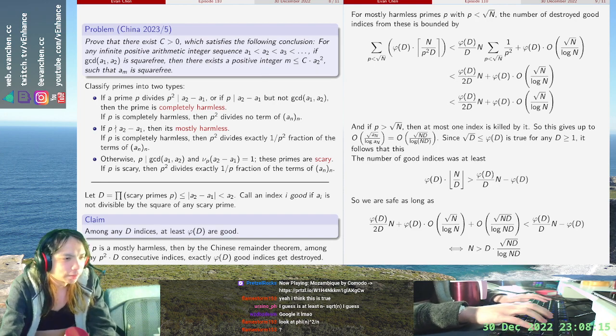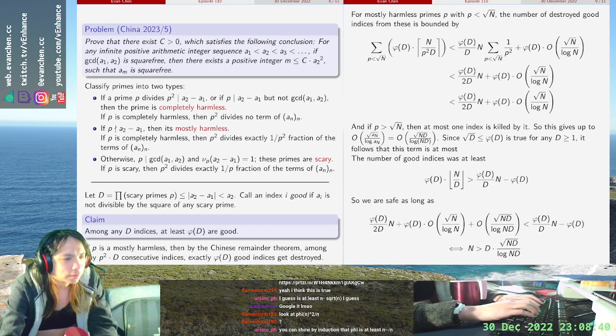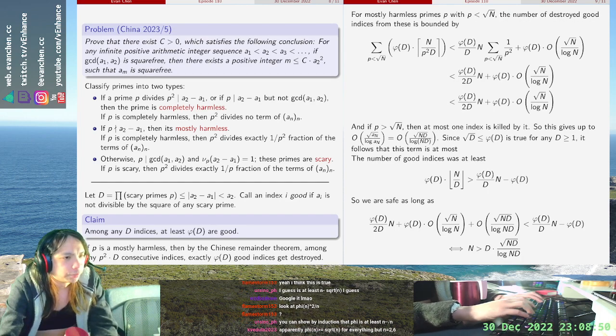Okay, I think the O's are actually confusing me at this point because I don't know if it's depending on N or D. So I'm just gonna write some constant C, like, let C be the constant in the prime number theorem. Whatever that constant is. No, okay, we'll just use O's. We'll be grown-ups and use O. This term is at most.